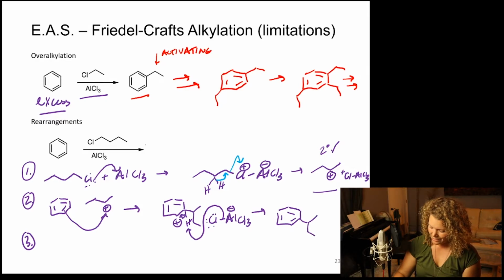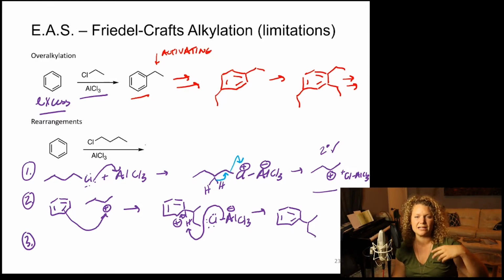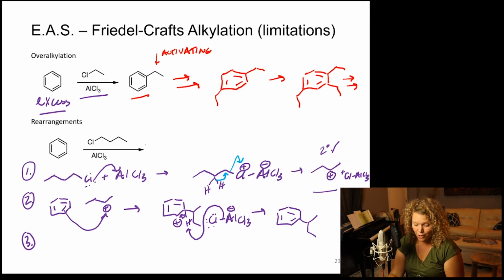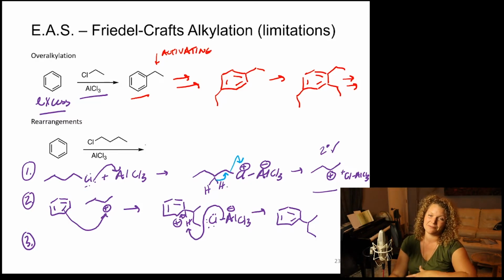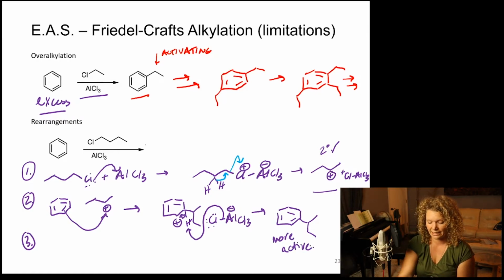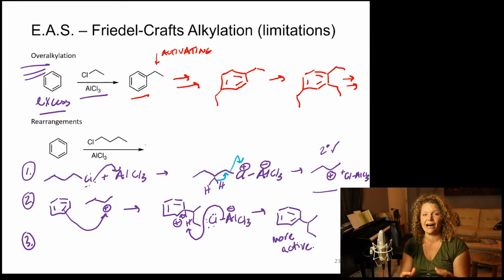So not only can we get these rearrangement products because this is nominally making this carbocation, especially if it can shift and do a 1,2 hydride shift. So Friedel-Crafts alkylation not only does this rearrangement, but as you can see, remember that our product here is even more active than our starting material, which again can lead to this overalkylation.